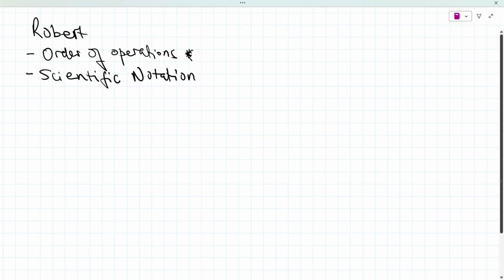When solving mathematics equations or numbers, the order of operations is a strict way of solving an equation in an orderly manner. And we use the acronym PEMDAS, where P stands for parenthesis, and E stands for exponents.